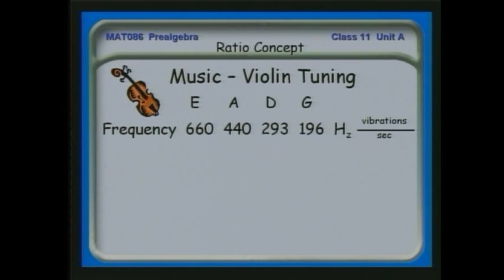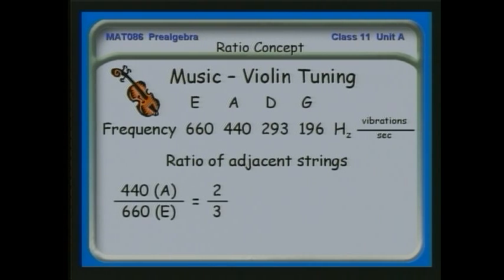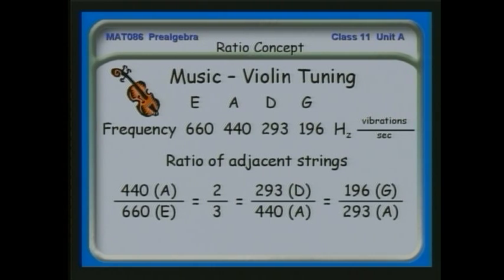What makes it sound nice is the fact that there are certain ratios to the strings. If I compare the A to the E and then simplify, I find those strings vibrate in the ratio of 2 to 3. And in fact, if I look at any of the adjacent strings, I find that ratio exists between each two pairs of strings.